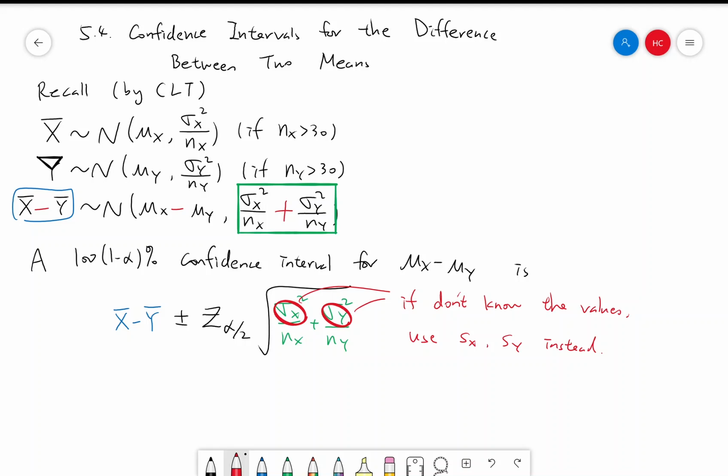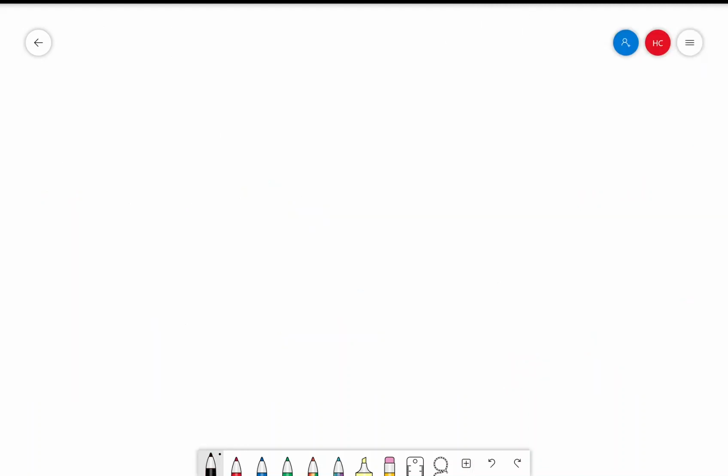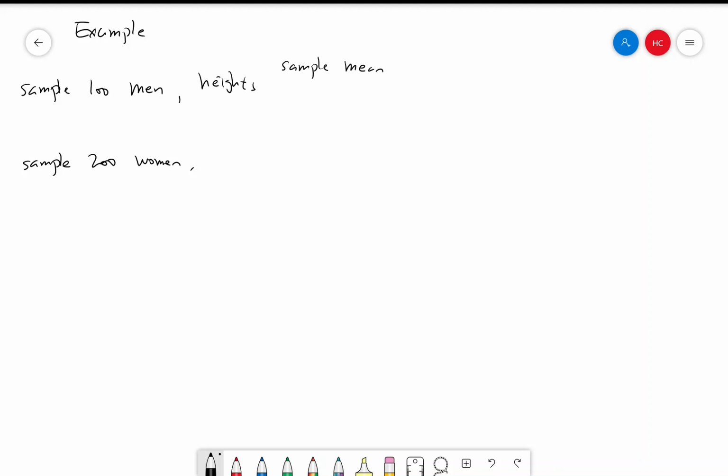Okay, so now we have this formula for confidence intervals. Let's use it on an example. So let's sample 100 men and 200 women and measure their heights. Let's say among these 100 men, the heights have sample mean 178 centimeters, and the sample standard deviation is 7.5 centimeters.